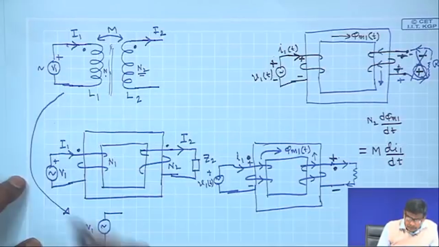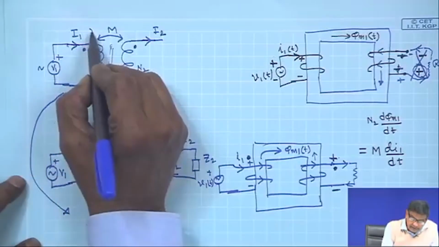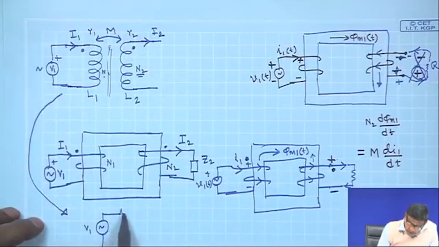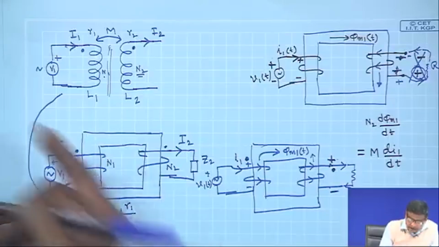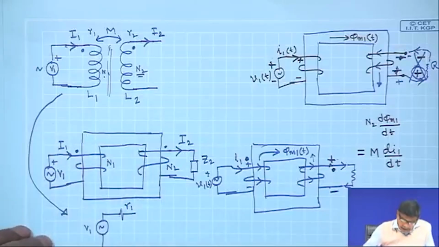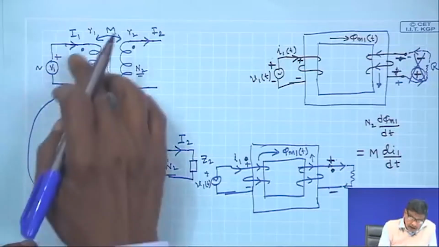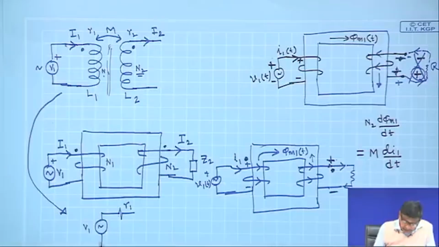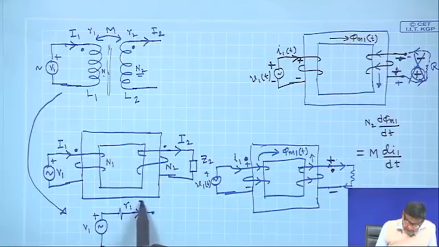Then let us assume these windings have resistances R 1 and R 2. Then I will show R 1 as a lumped resistance outside the coil. Generally windings are made of copper, with very low resistance, but anyway let R 1 be the resistance of this coil where I have connected the supply. Now, what is there between these two terminals? See, it is carrying a current I 1.